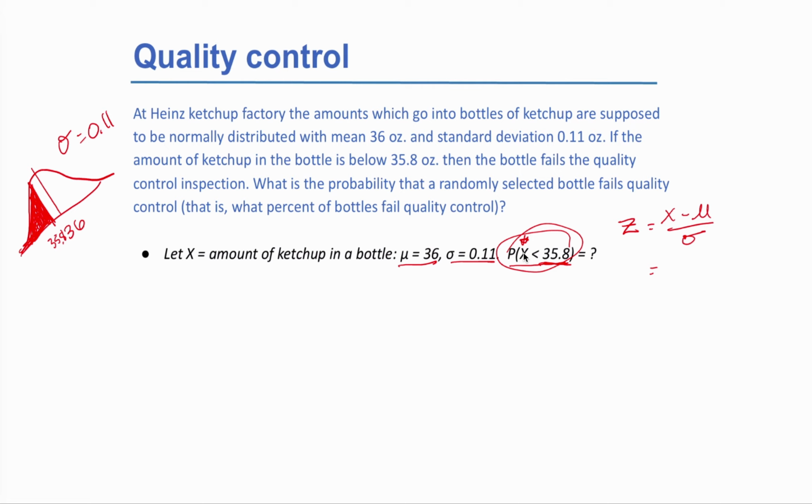So our x is 35.8, our mu is 36, our sigma is 0.11. 35.8 minus 36 over 0.11 is negative 1.8181. Let's just call it 1.818. Okay? So that's our z-score.